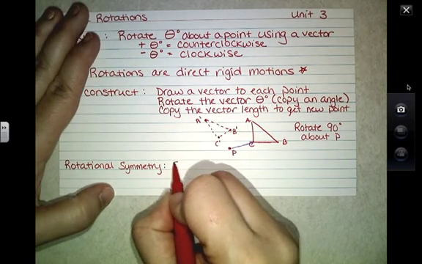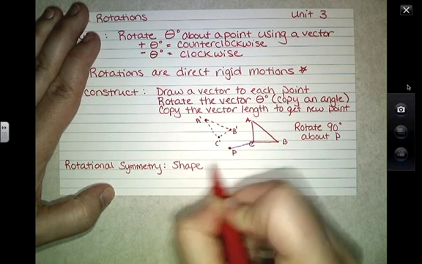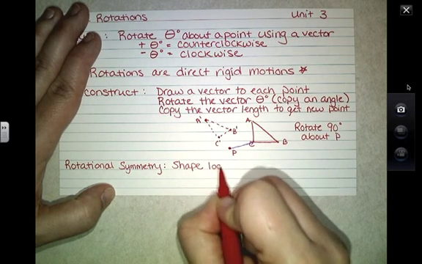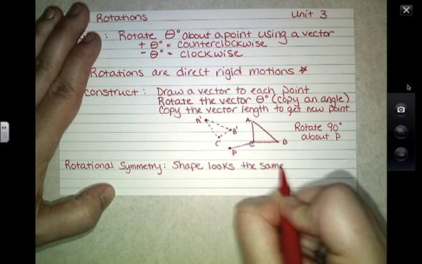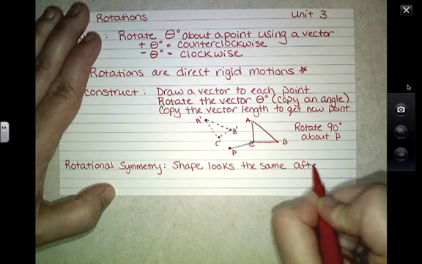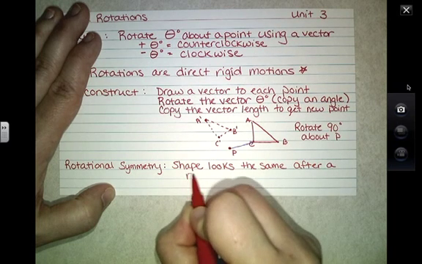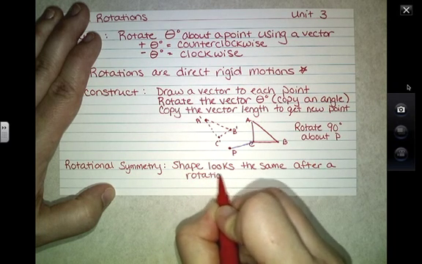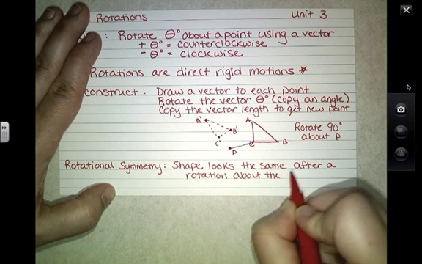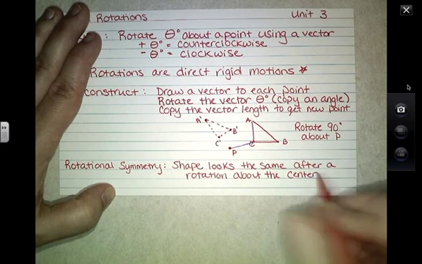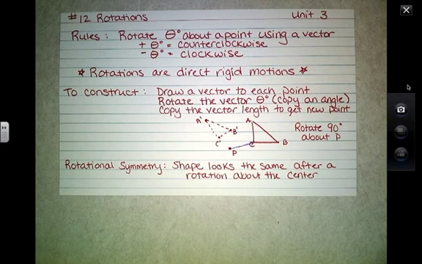So rotational symmetry means the shape looks the same after a rotation about the center. It'd be in the center of the shape, and if you turned it, would it essentially land back on top of itself where you couldn't tell that you had turned it?